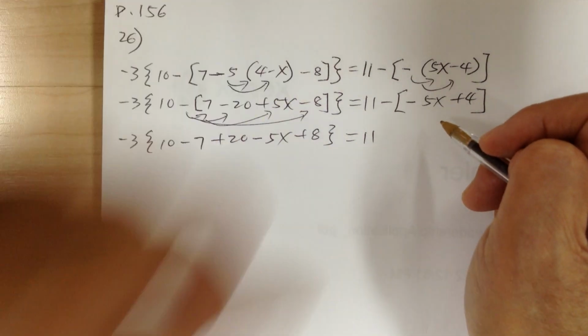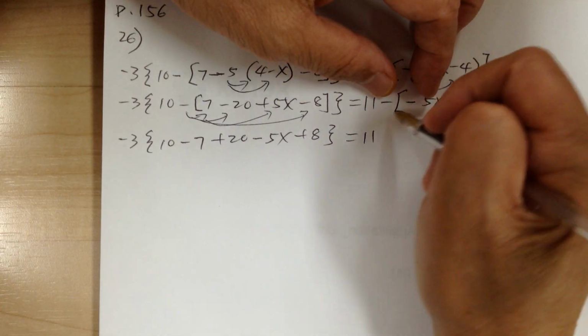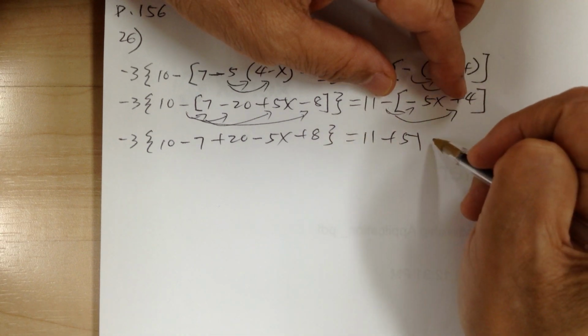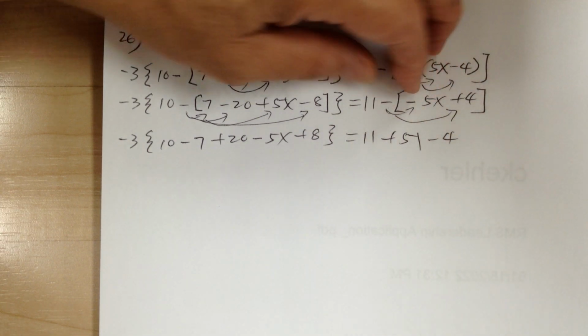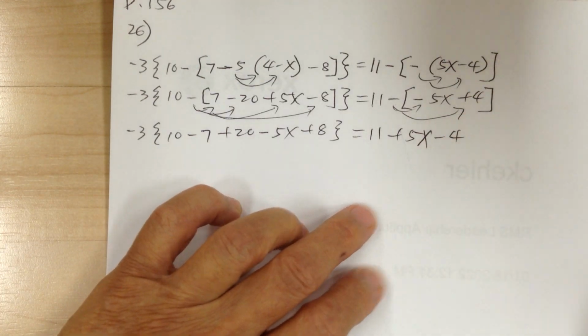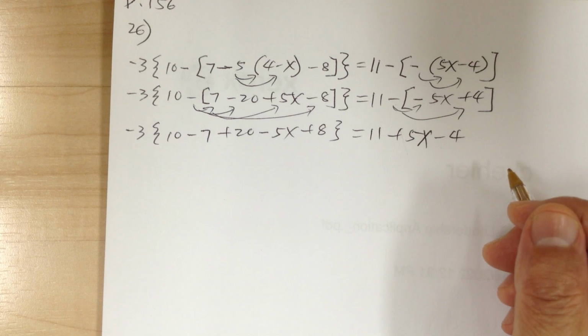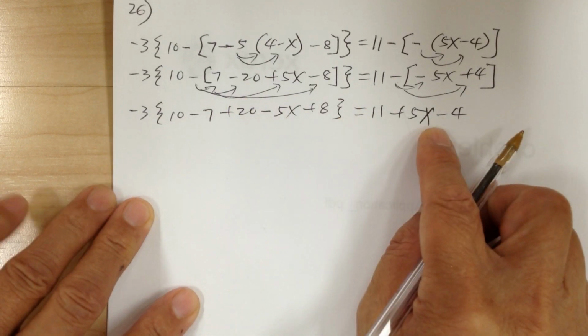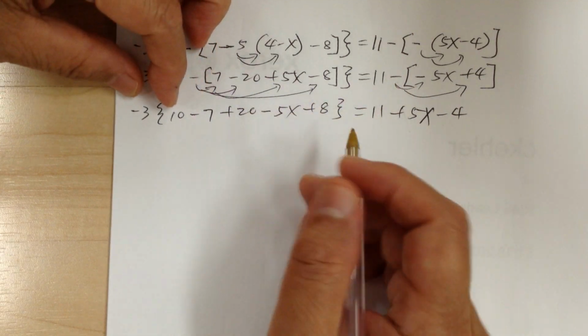Okay, so this one, again, you want to distribute. So this one would be plus 5x, and this one would be minus 4. There you go. Now we're going to do the braces. Again, you're just going to distribute.